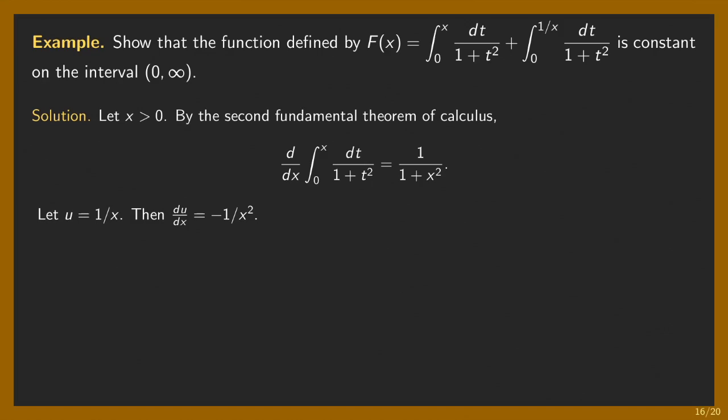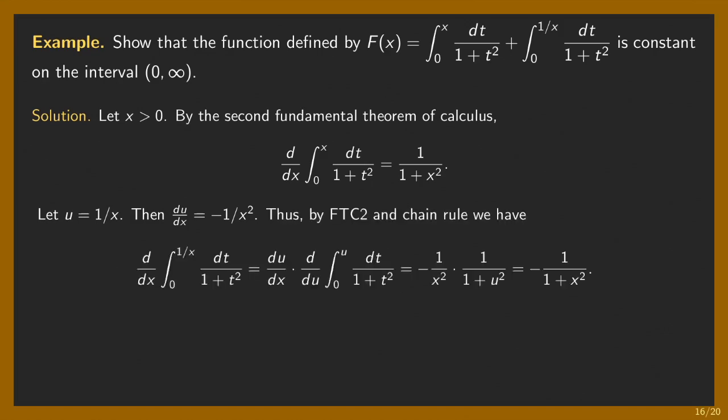Imagine the whole thing is y, so we have dy dx, which is dy du times du dx. That's the chain rule. Your du dx is now negative 1 over x squared, and your dy du is this.